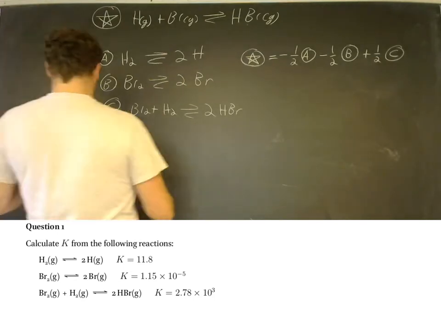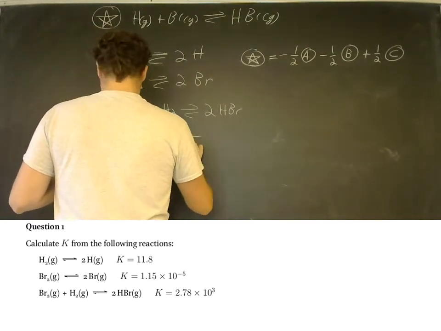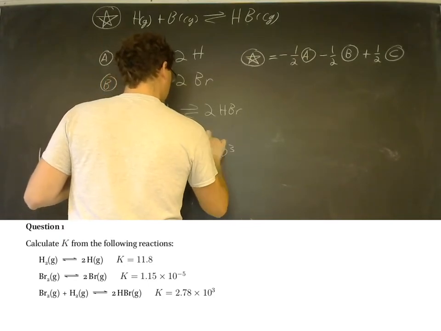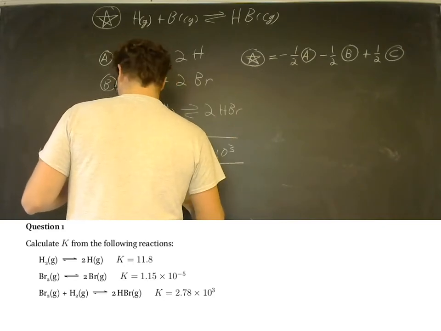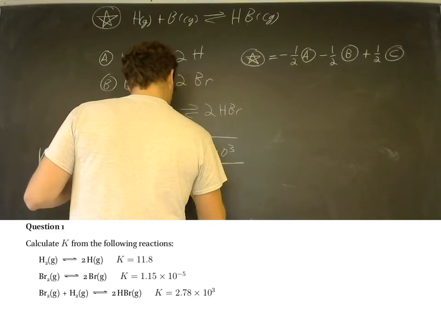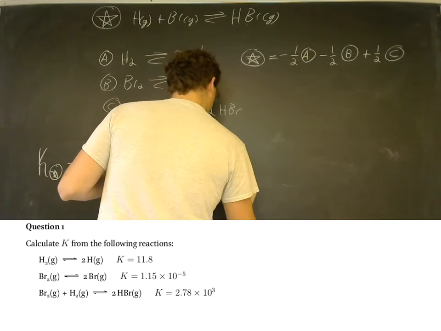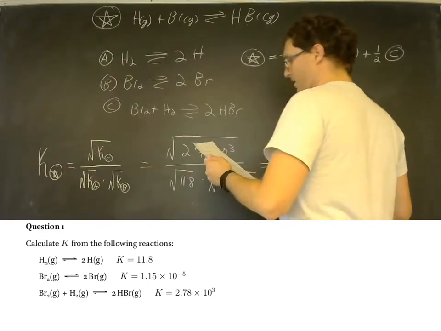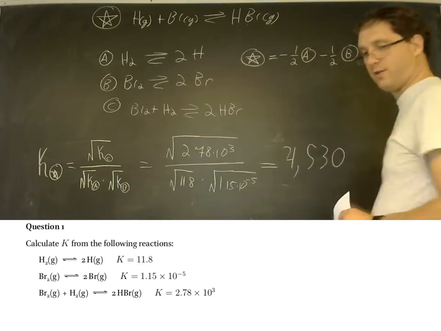This is going to equal the square root of 2.78 times 10 to the third over the square root of 11.8 times the square root of 1.15 times 10 to the negative 5th. Put all that into your calculator and you get 4,530.